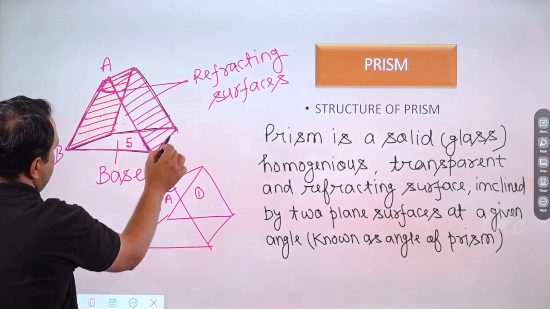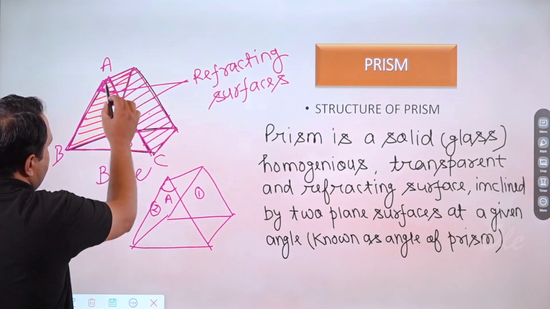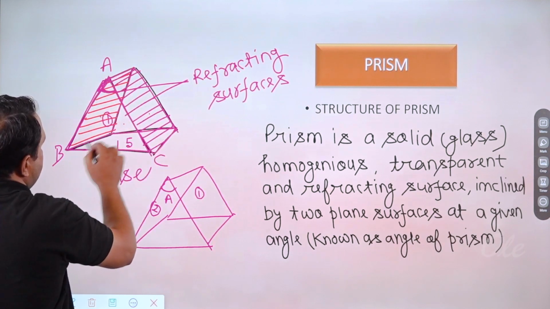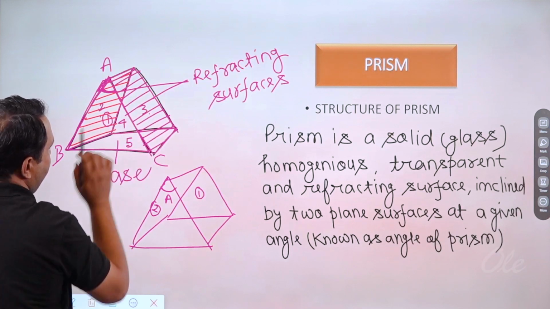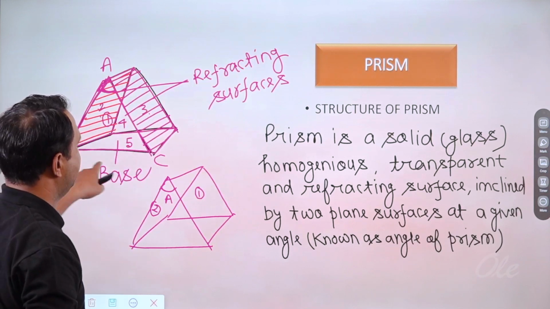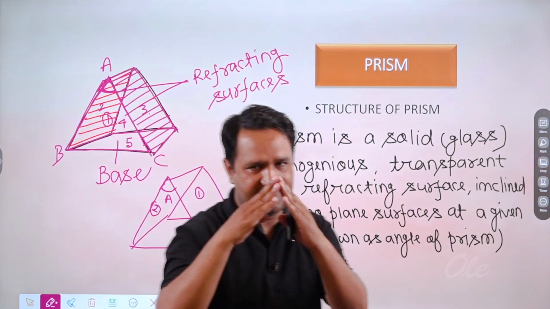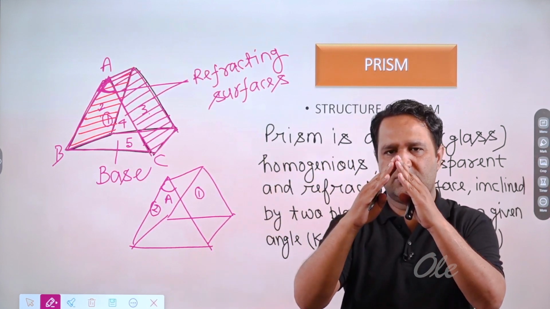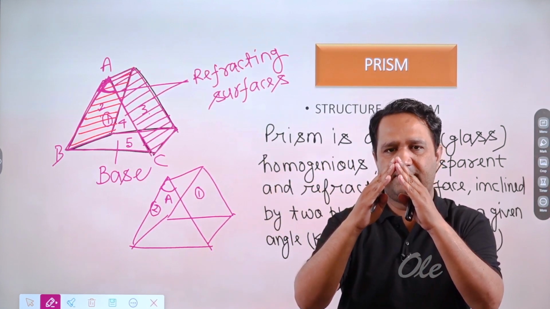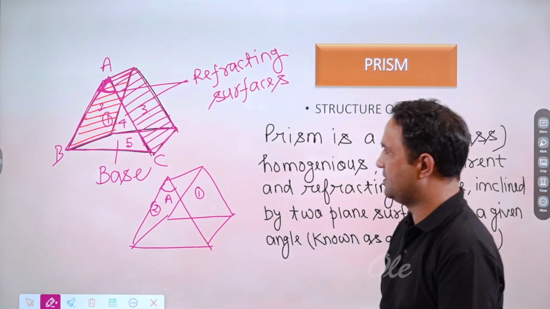This base is the 5th, and this is the first. So in total there are 5 surfaces. Two plane surfaces are inclined, which are refracting surfaces, and the angle between these two is known as the angle of prism. Got it? So this is the structure of a prism.